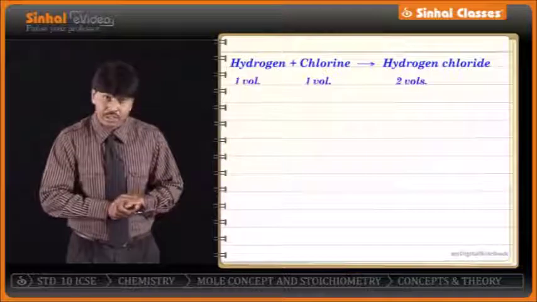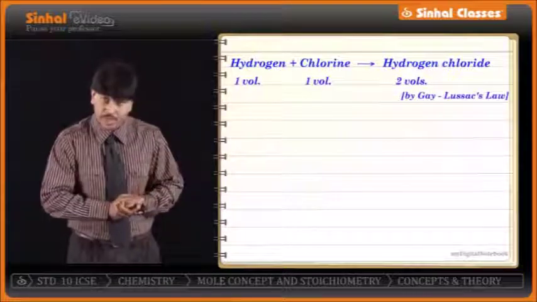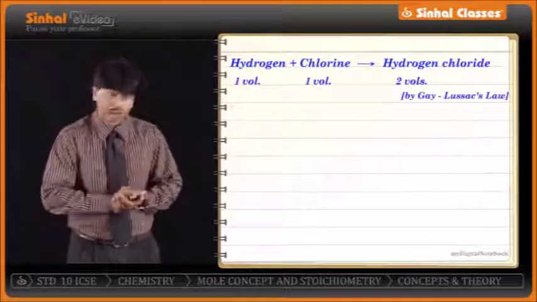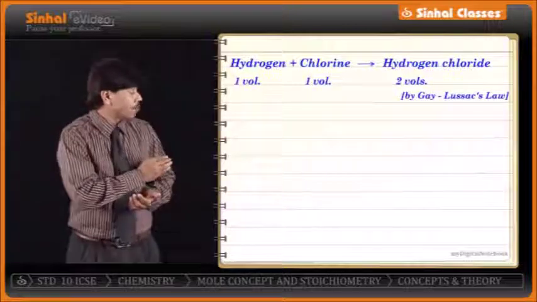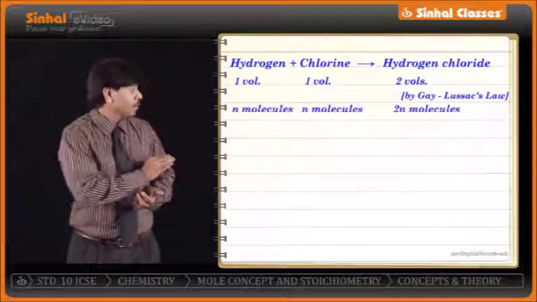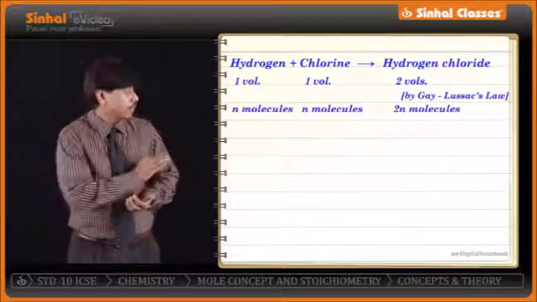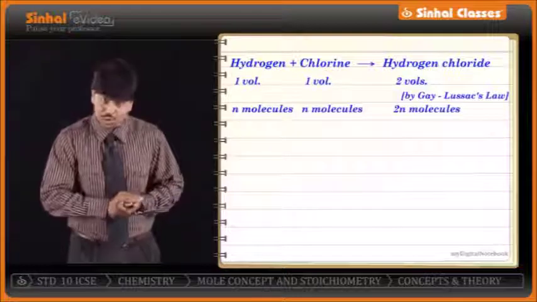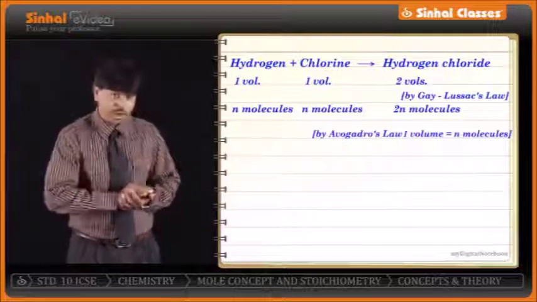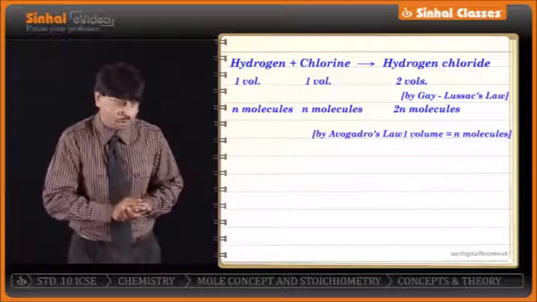One volume of hydrogen combining with one volume of chlorine giving us two volumes of hydrogen chloride by Gay-Lussac's law. If I take n molecules of hydrogen combining with n molecules of chlorine giving us 2n molecules of hydrogen chloride by Avogadro's law. So one volume is equal to n molecules.